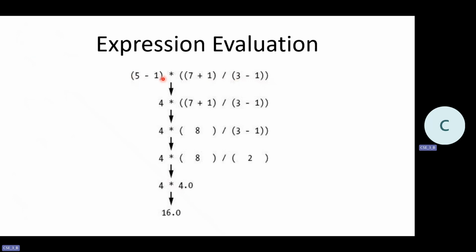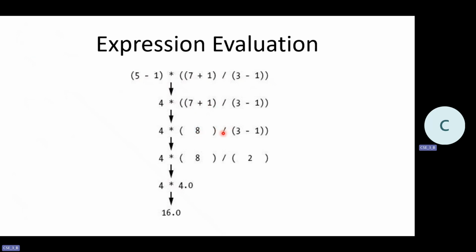So first this particular expression is considered because it is in the parentheses, that is 5 minus 1 is 4. And then we observe there is a multiplication symbol, and now we take this entire expression again, and within that expression, this will be the first one. Whatever the operator is, that is the addition operator, there are two operands, so that gets evaluated, and we can see the result here.